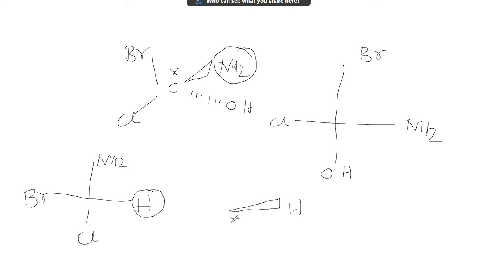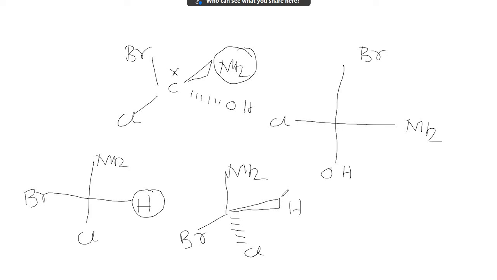Cl was placed on the bottom, so it is dash Cl. Now NH2 over here, Br over here. So now you have some idea how to convert flying wedge form to Fischer projection form, or Fischer projection form to flying wedge form.